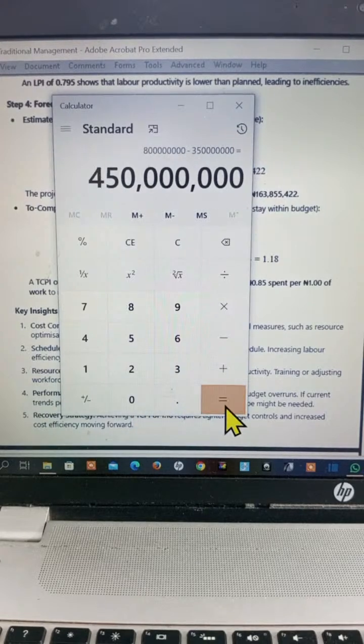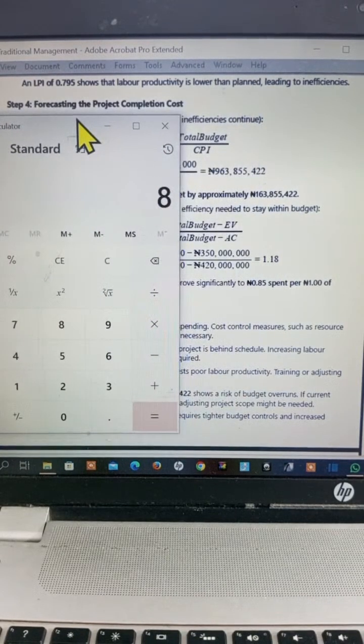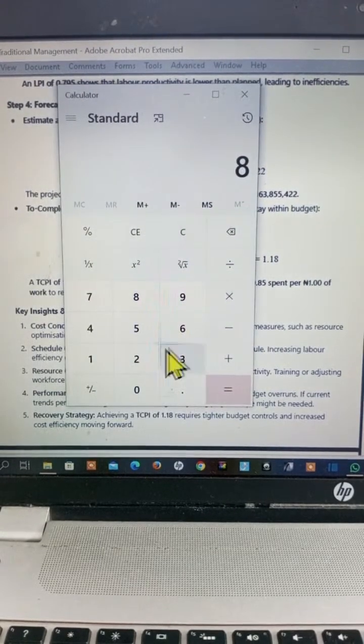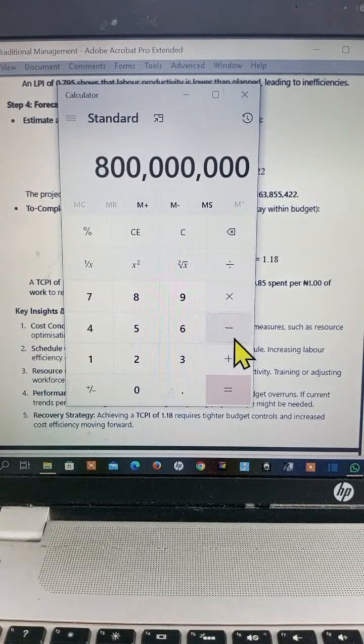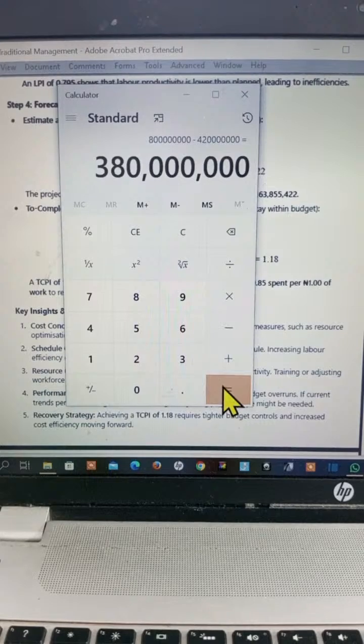What do you have there? 450 million. So you keep 450 million in mind, and we do the other one. We subtract our actual cost, which is 420. So 800 million minus 420 million equals 380. You get that? That's what I was telling you.